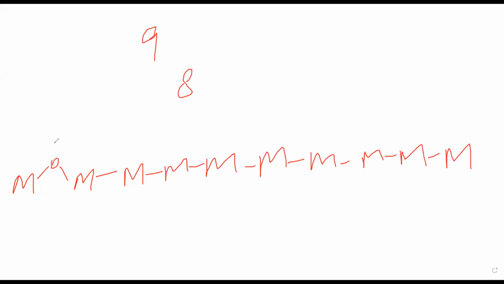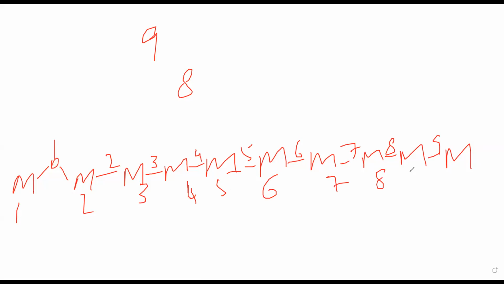Now if you count it this way, you have 8 bonds. Once again, 1, 2, 3, 4, 5, 6, 7, 8, 9. Yes, one got added extra, that is why I am asking where this came from. Right, 9 monosaccharides making an oligosaccharide has one less glycosidic linkage. So the total number of monosaccharides minus 1 will be your number of glycosidic linkages.